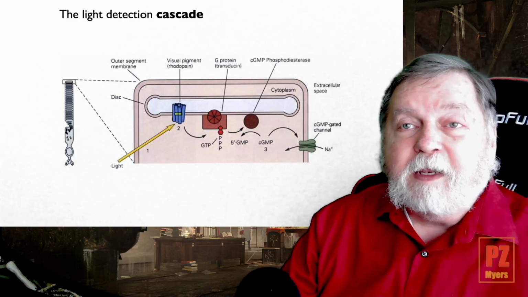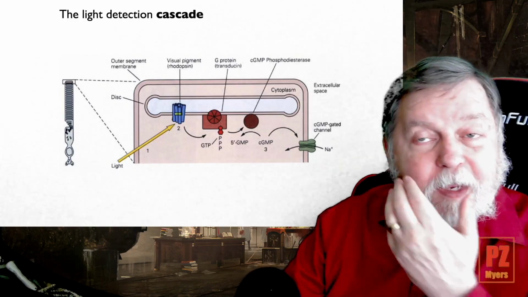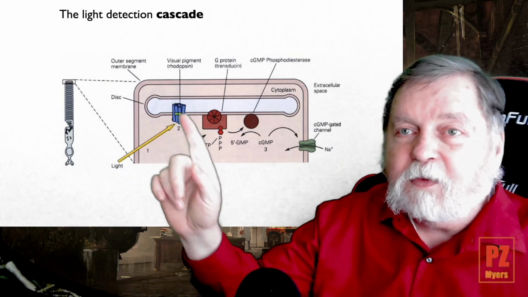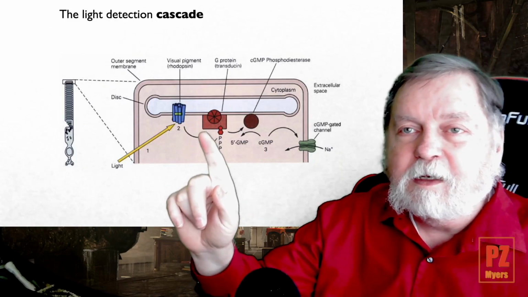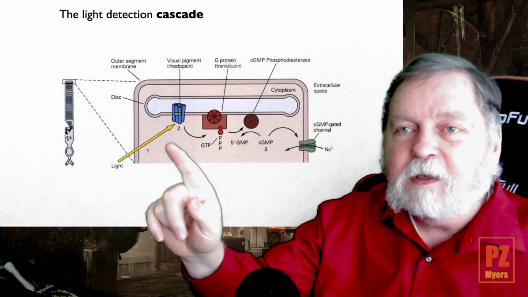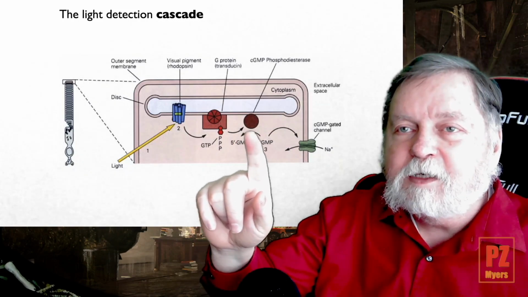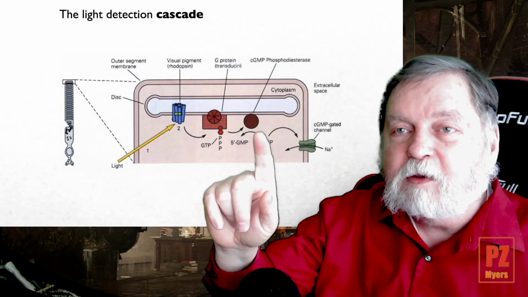Now, what about in light detection? Again, it's the same thing. So you've got the opsin, that's this blue thing right here. Light shines on it, and then it activates a G protein right there. And the G protein then activates this molecule over here.